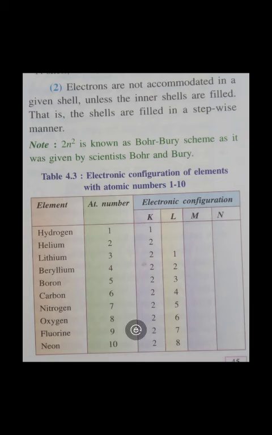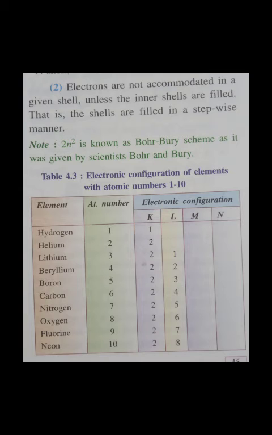So if the first row is not filled with 2 children, then you cannot send the third child to the next one, right? If there is a space on the first row, the child has to sit on the first row only, right? So once the first shell is filled, then we can move to another shell.